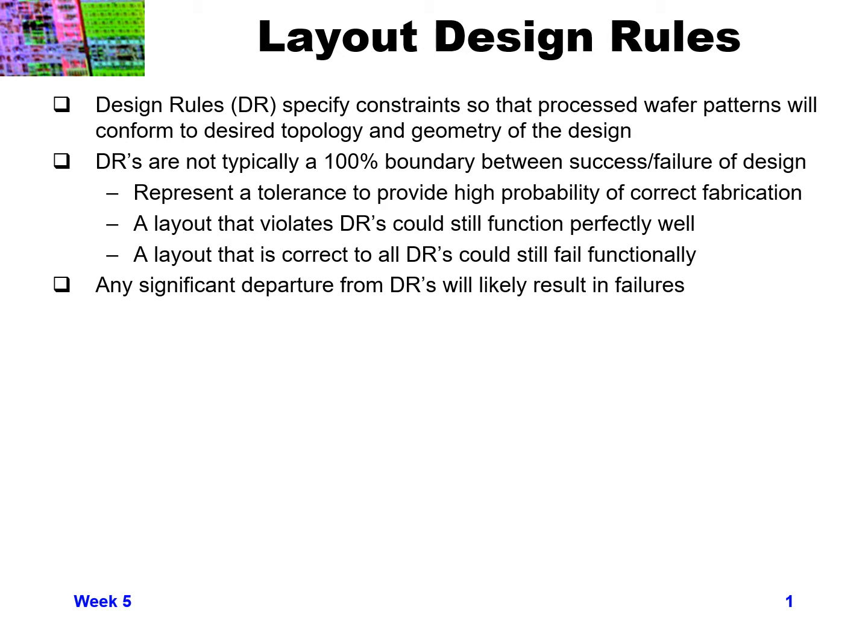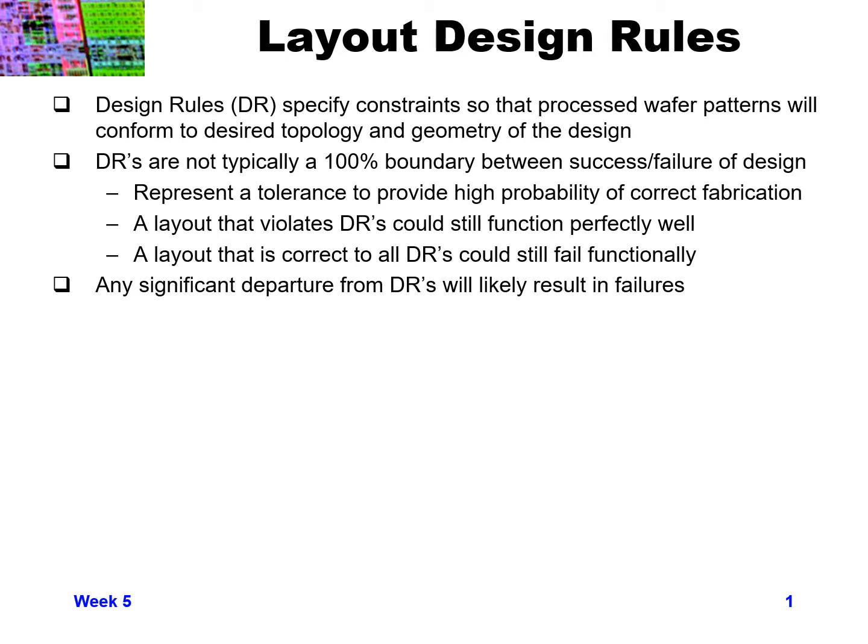So the thing to keep in mind with design rules is typically the design rules that are given are not a 100% boundary between if you follow this design rule, you're guaranteed 100% that you'll be successful in putting that pattern on the wafer, and if you don't follow this particular design rule, you're guaranteed 100% to fail.